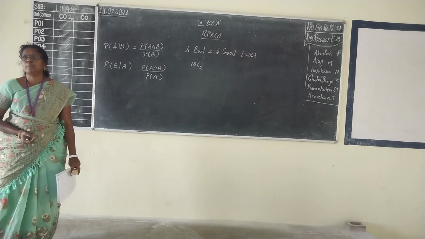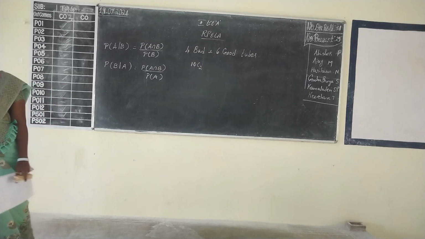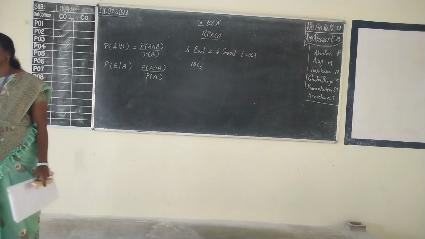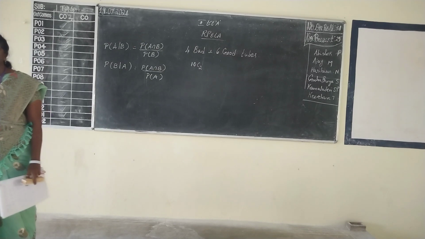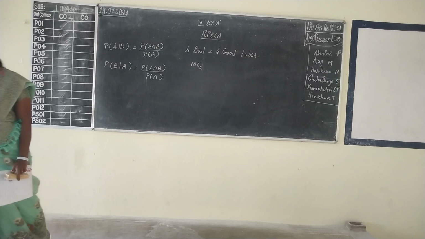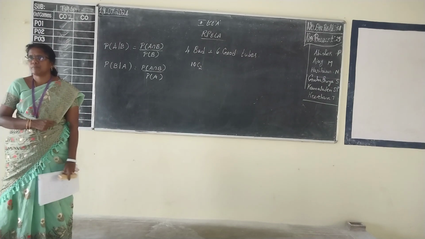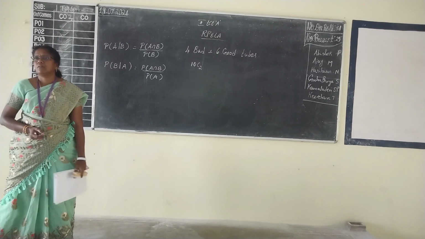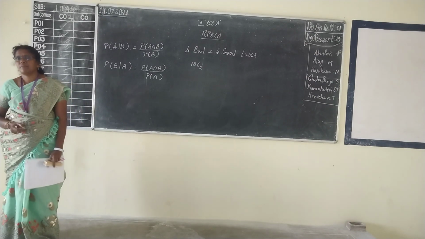First tube to be good. So write for B. Let B be the event of drawing the second tube to be good. We are mentioning both to be good because in the question it is what he asked. Second one, B to be good. Right.